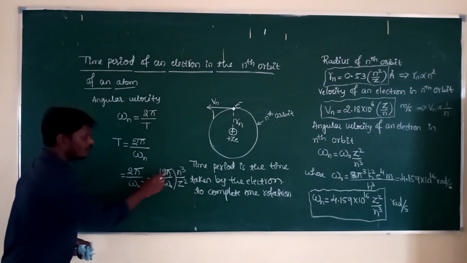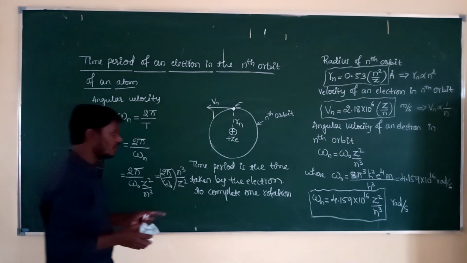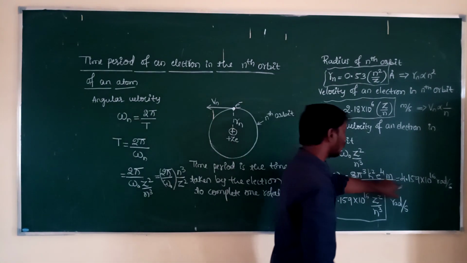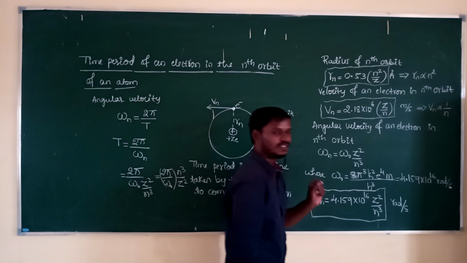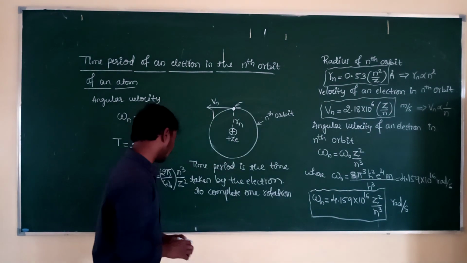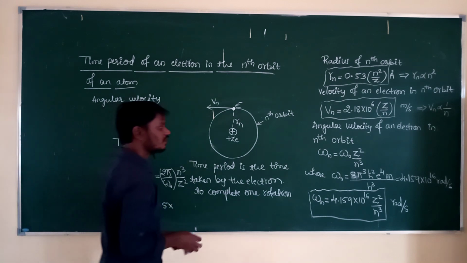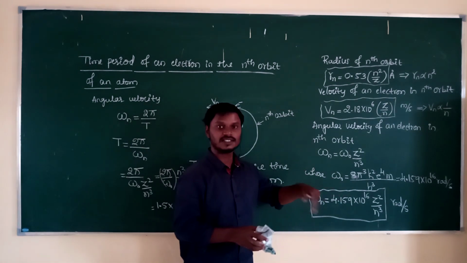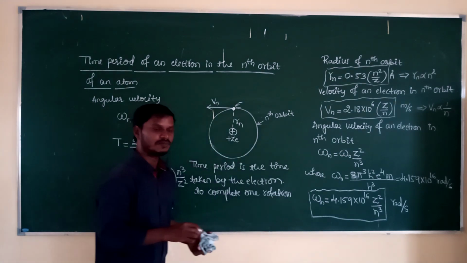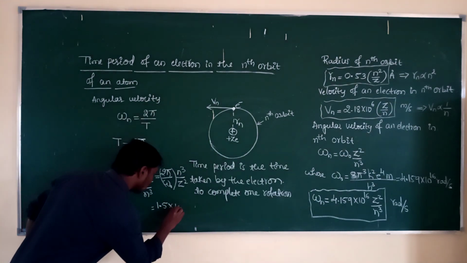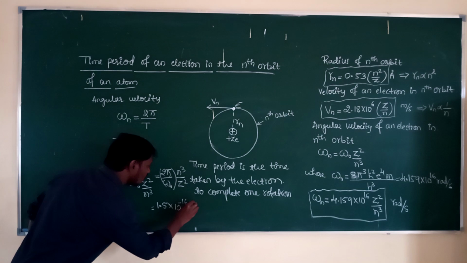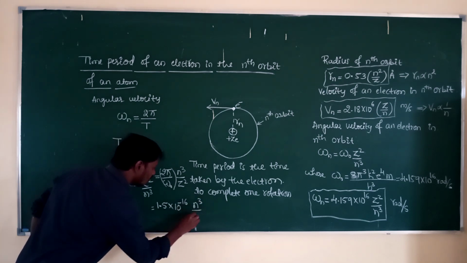So 2 pi means 6.28, divided by 4.159 into 10 to the power of 16, we will get about 1.5. And this 10 raised to 16 is in the denominator, taken to the numerator, that becomes 10 raised to minus 16, times n cube by z square.